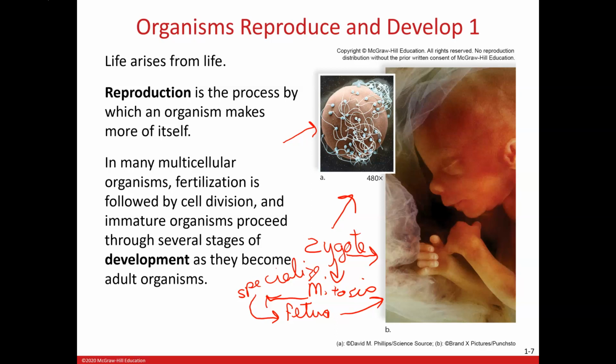So sexual reproduction is known as meiosis in animals and plants, and asexual reproduction is mitosis. Okay, for bacteria, they only asexually reproduce, and so their reproduction is called binary fission.